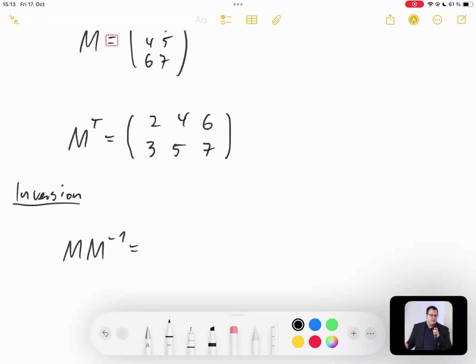Do you remember this? And that's correct. It's the identity matrix. I'm not showing now in detail how to calculate the inverse. It's something you have learned in Math 1 or Math 2. So it was just a quick revision.